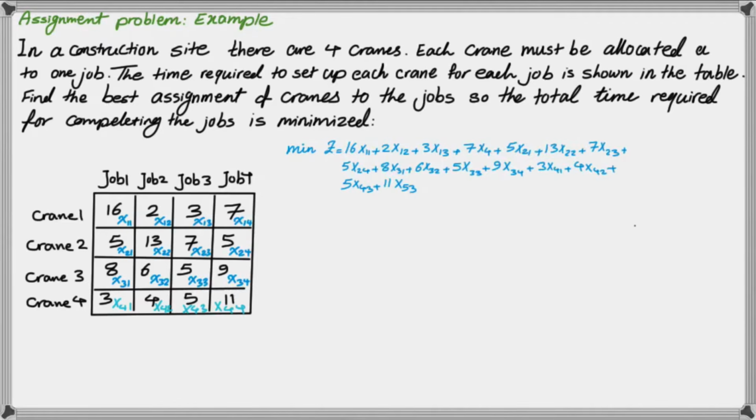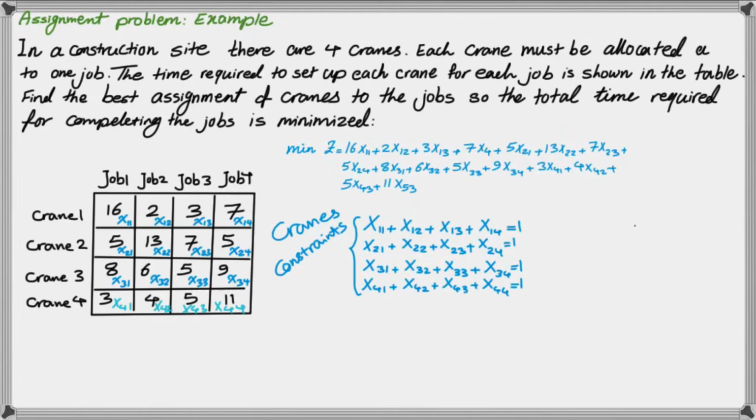In the end, we just want 4 of these decision variables to become 1, because for each crane and each job, we want exactly 1 allocation. So we have to make sure that for each row, we only have 1 decision variable that is equal to 1. So I write the constraints regarding the cranes. For each crane, we want to allocate it to exactly 1 job site, for crane 1, 2, 3, and 4.